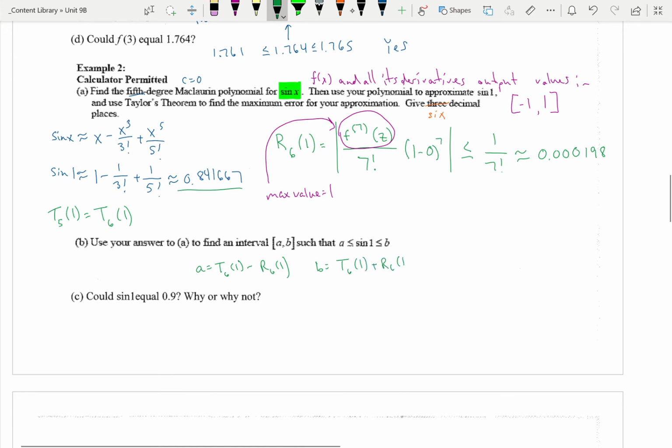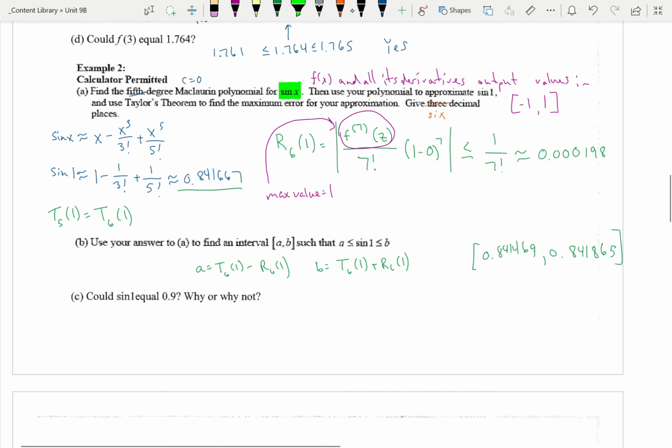So when I work those out, I see that the interval in which sine of 1 must reside is, when I subtract, I get a equals 0.84149, and when I add, I get b equals 0.841865. Okay, and those match.